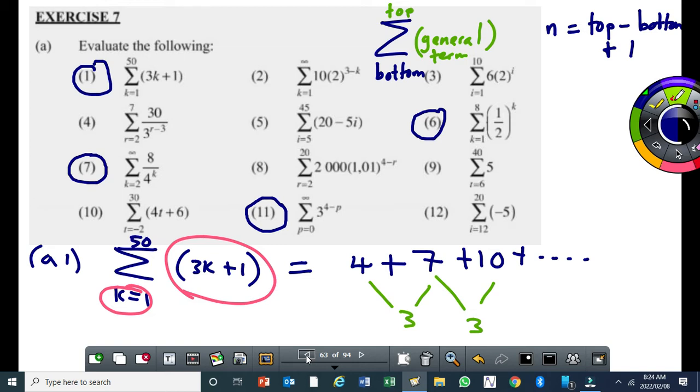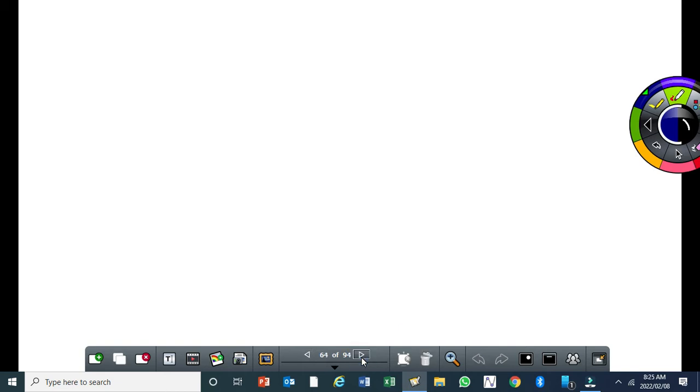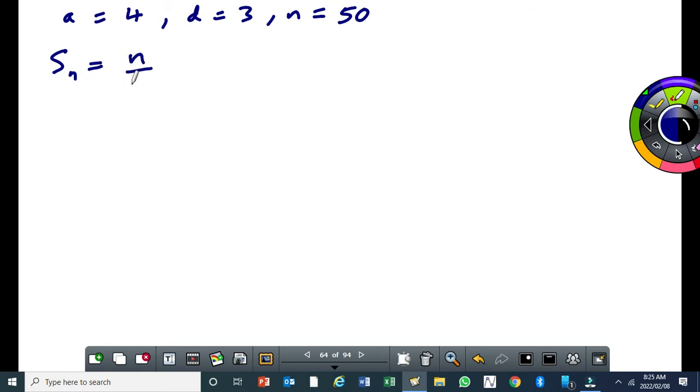All right, so I've got my series there. Here, my A is 4, D is 3, and my N is what? 15. So I can use this formula: Sn is equal to n over 2 times 2a plus n minus 1 times d.